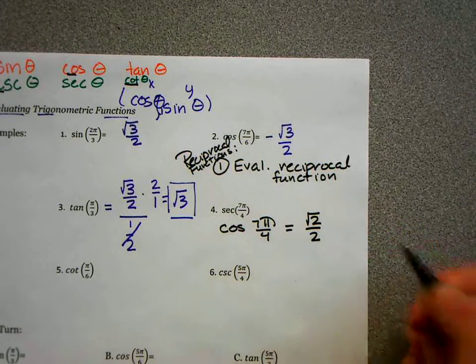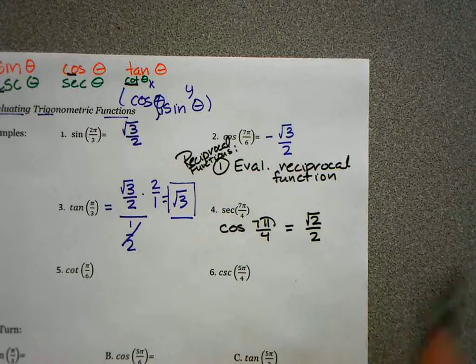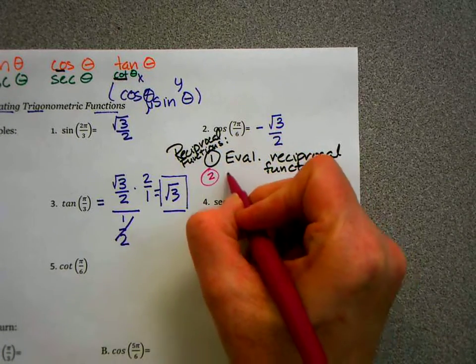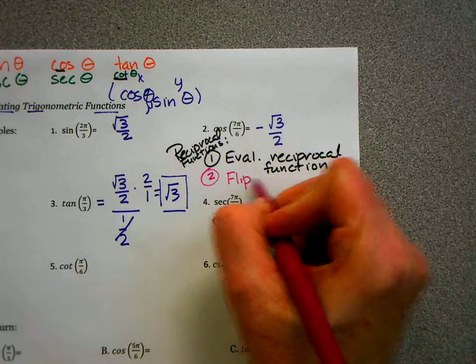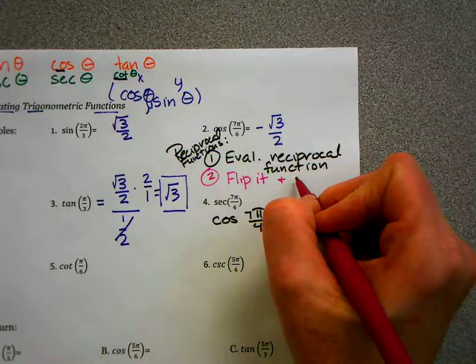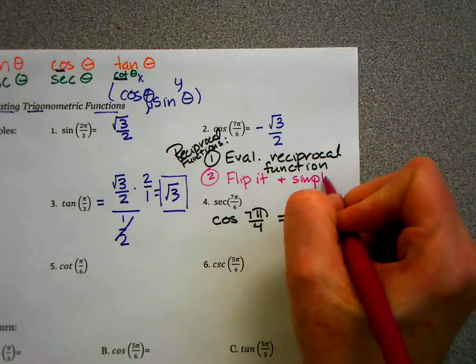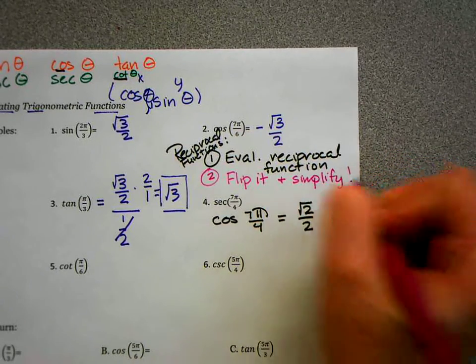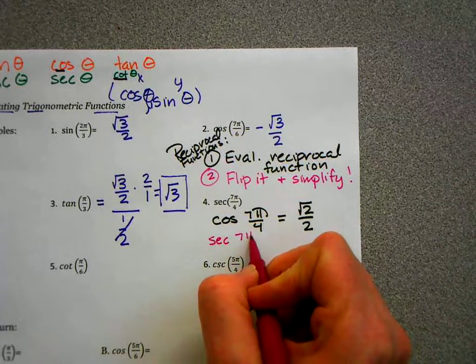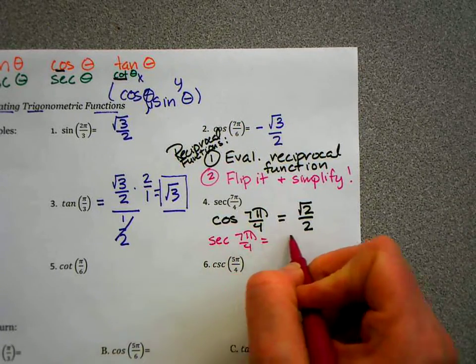Step 2 is flip it and simplify. You'll see what I mean. Just flip it and simplify. Therefore, the secant of 7 pi over 4 equals, flip that, 2 over radical 2.